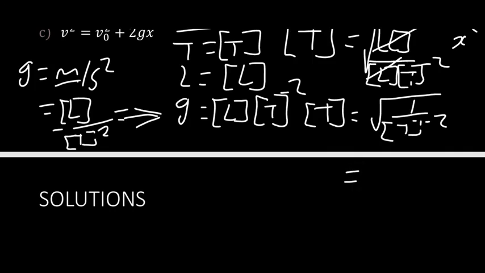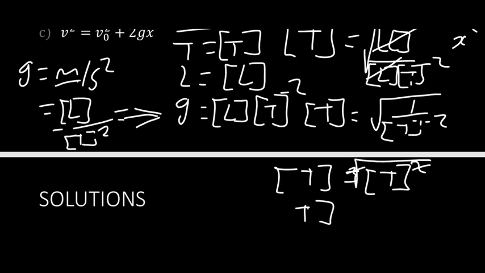So T is going to be equal to the root of T squared. When you find the root, because there's a 2 here, this will cancel with that.